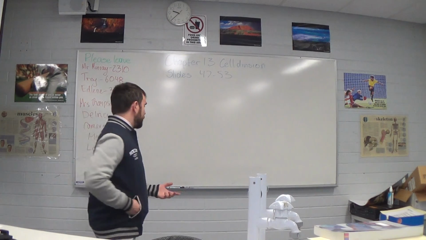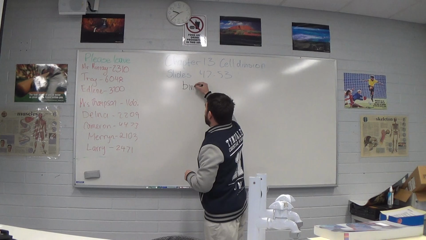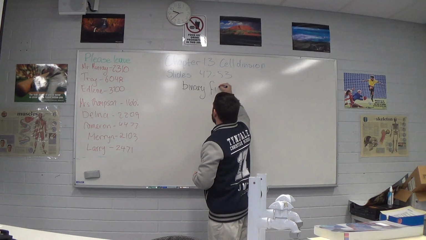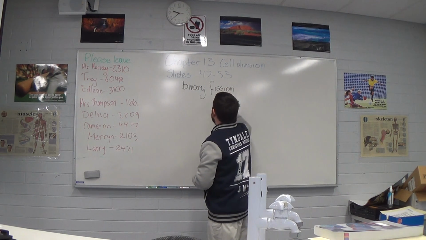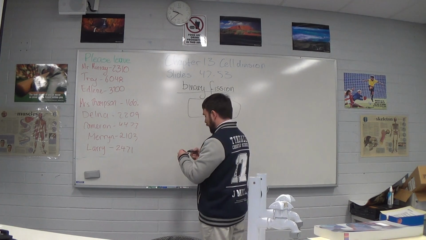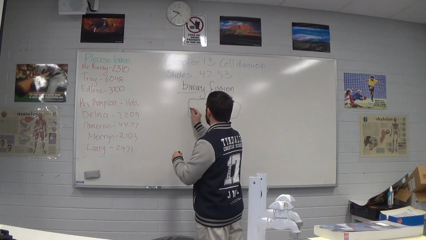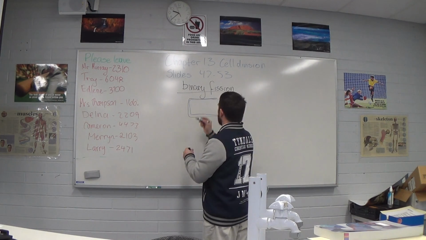Now with binary fission, it is quite a simple process. We'll just quickly do the diagram for that now. So binary fission, we start with our cell wall and our cell membrane.